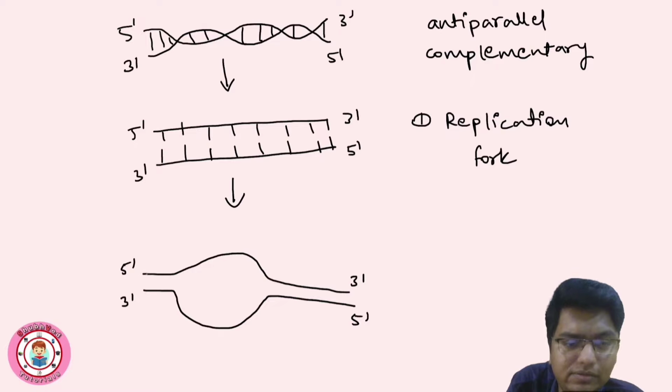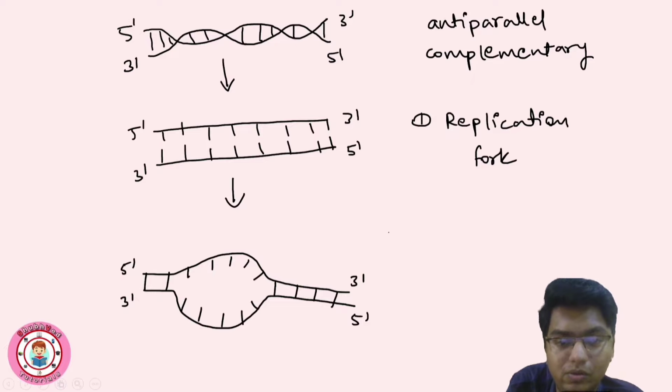Here are the bonds. Here the separation of the bonds has occurred. We can also say melting of DNA has taken place. Also, it is known as the replication bubble.